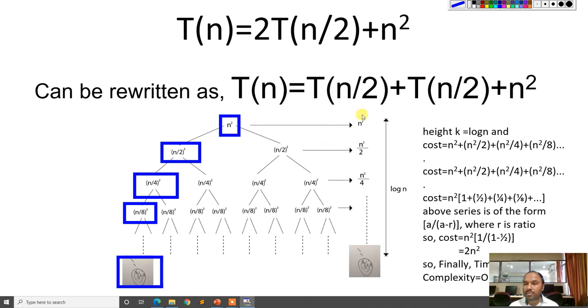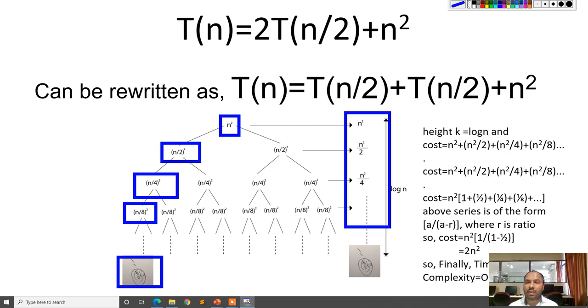But in this particular case, the cost is not the same at all the levels, so we can't apply that equation. The equation was height multiplied by the cost at each level, because the cost of each level was the same. But here the cost is reducing to half as we go from one level to another.